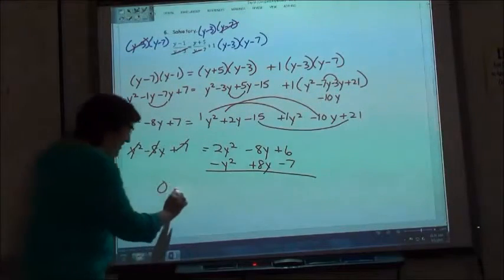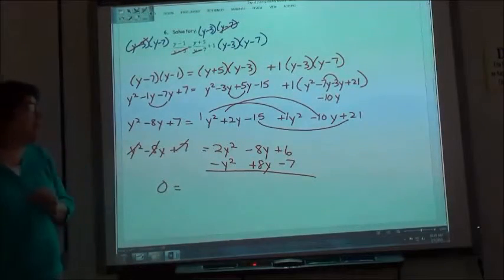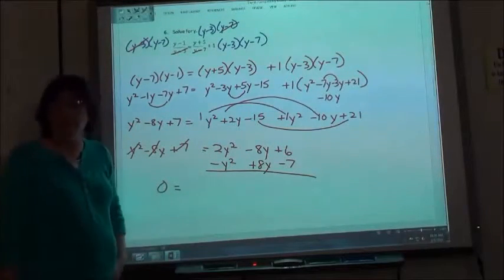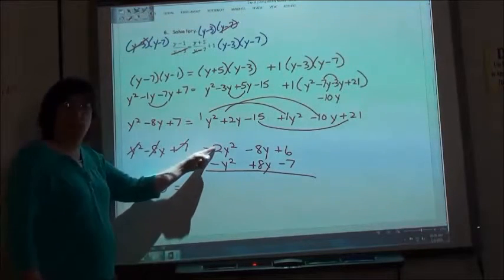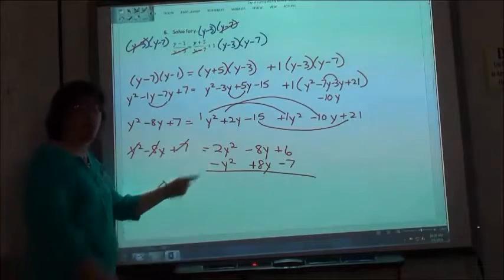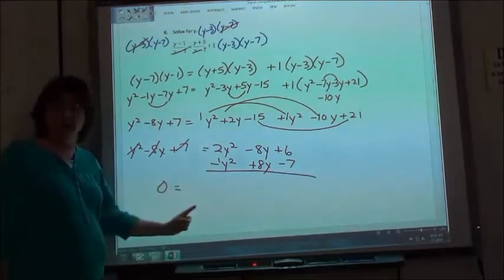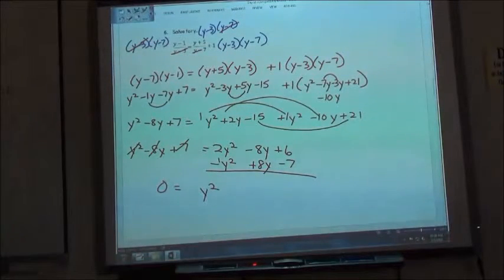So 0 is going to equal 2y squared minus 1y squared, which is 1y squared.